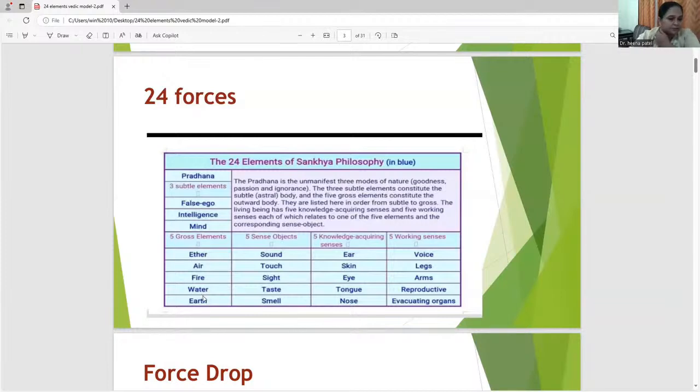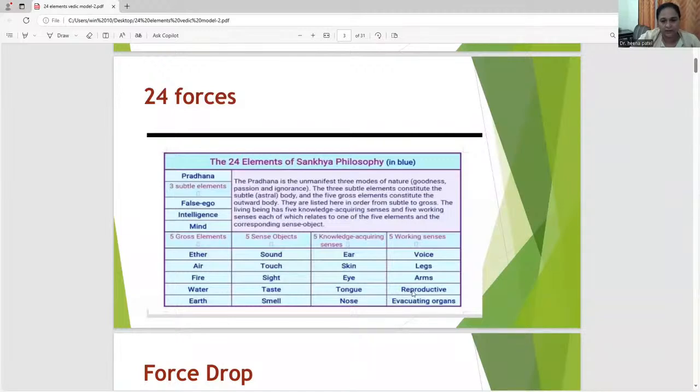Water: with the water element we taste different kinds of tastes by mouth, and the knowledge organ is the tongue. That is the basic description they have given, but there are many things inside our mouth that work as knowledge organs, and the reproductive system is connected with the water element.